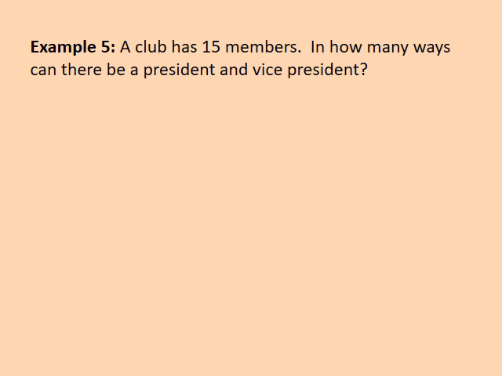Example 5. A club has 15 members. How many ways can there be a president and a vice president? So once again, we have our slots. We have our president slot and we have our vice president slot. 15 people can be president, but now we've picked a president, so there's one fewer person. So now there are 14 options for vice president.